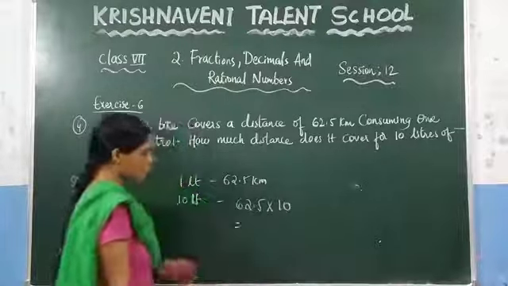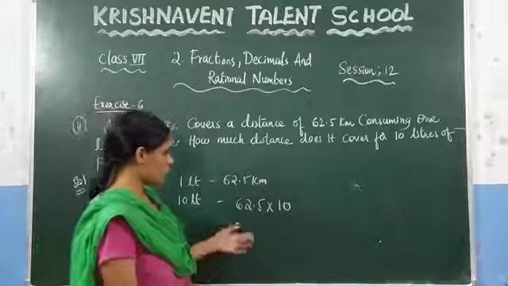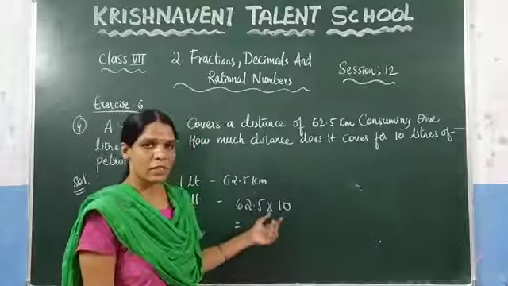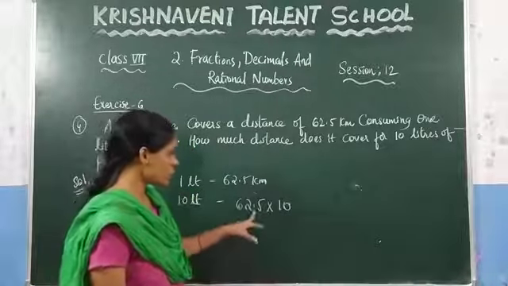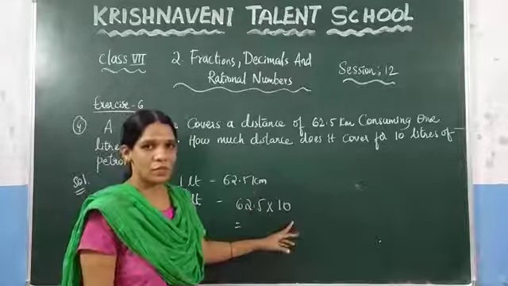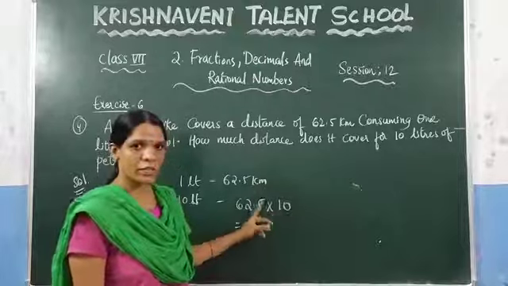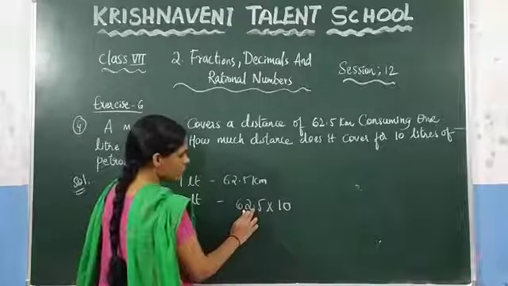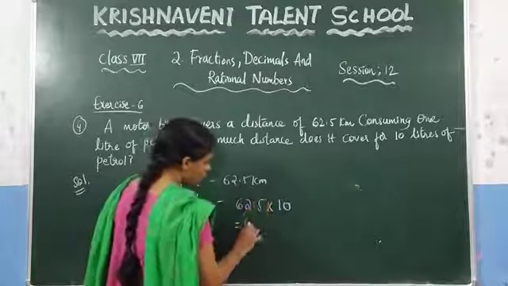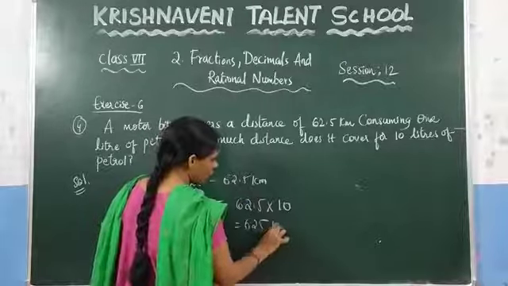Before this session also we have discussed, if you are multiplying a decimal number with 10, you need to shift the decimal point as many places as there are zeros. Here since 10 is there, you need to shift the decimal point to the right by one place. So here you need to keep the decimal point here. So what will we get here? 625 kilometers.